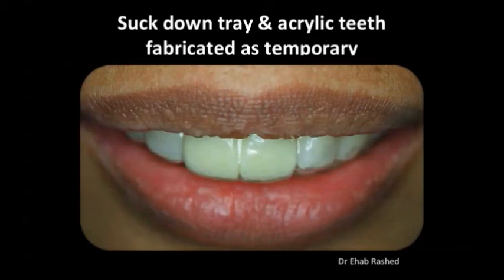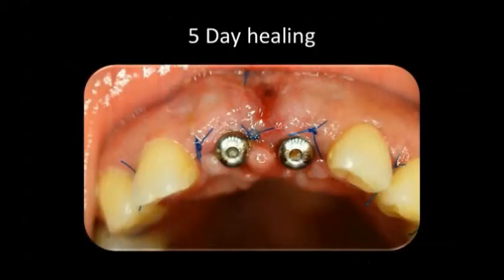As you can see, the patient can go home with the temporary. It doesn't have any kind of pressure on the implant. The patient is advised to wear this for a few days and come back to the clinic for follow-up. And this is when the patient came 5 days later. You see how the healing looks very well. There is no infection, there is no discharge, all the gum looks well and is healing properly.